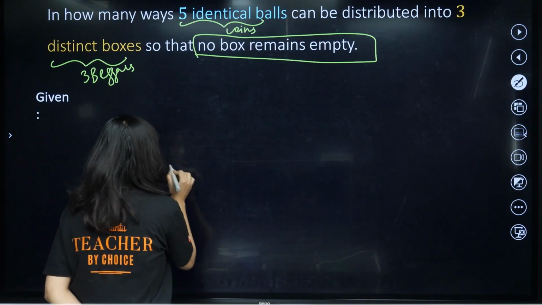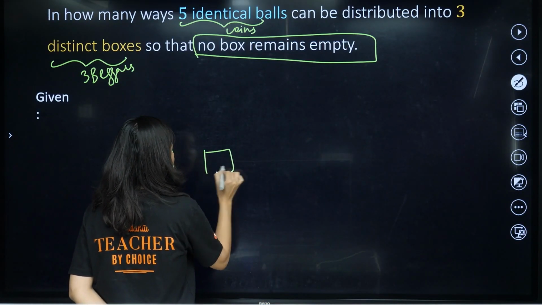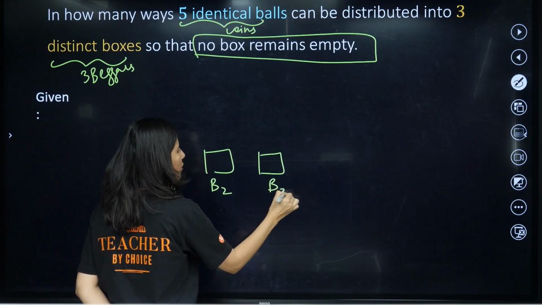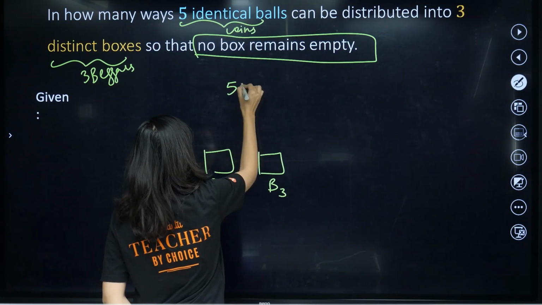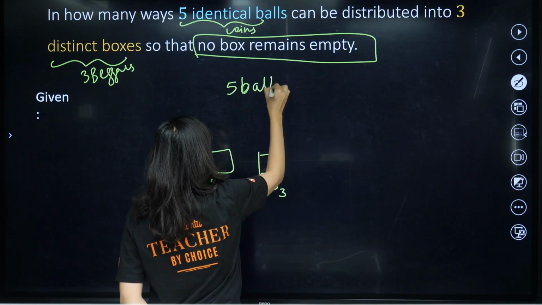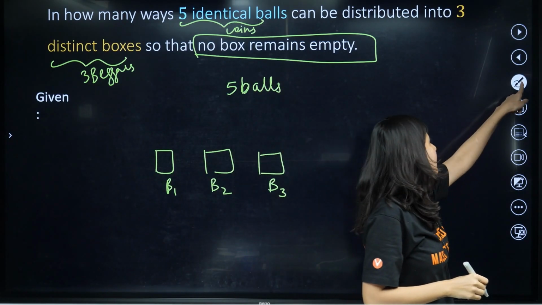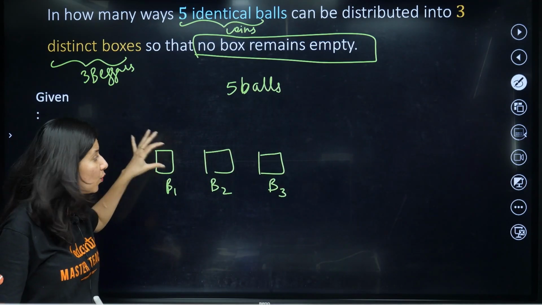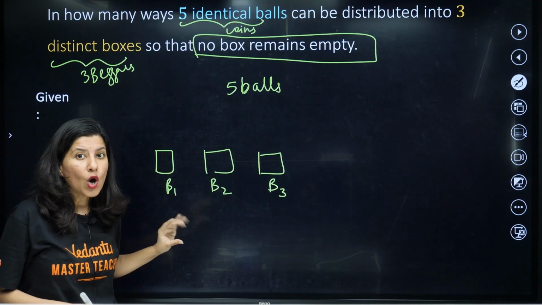So 5 balls and 3 beggars are there: beggar 1, beggar 2, beggar 3, or box 1, box 2, box 3, and 5 balls. So the initial condition is that you have to keep at least 1 ball in each box.